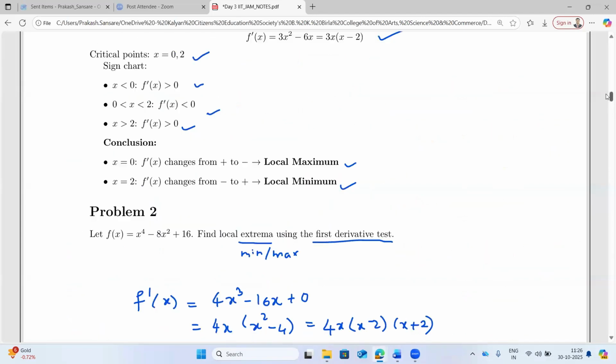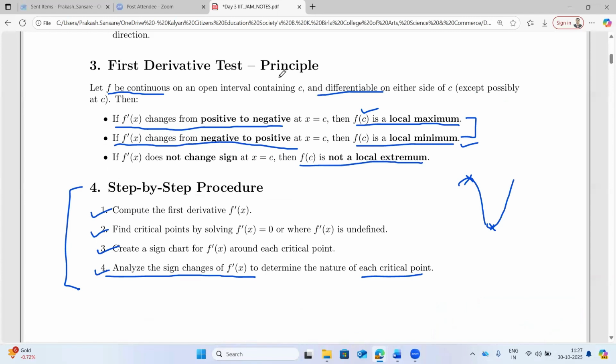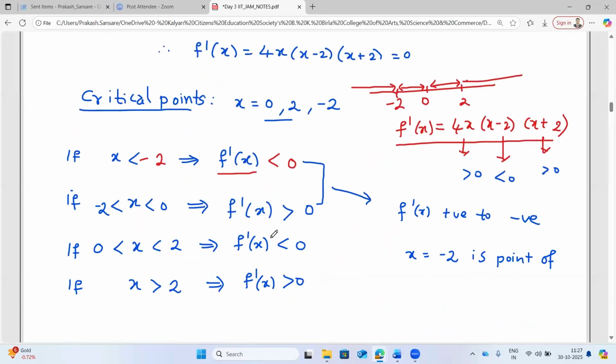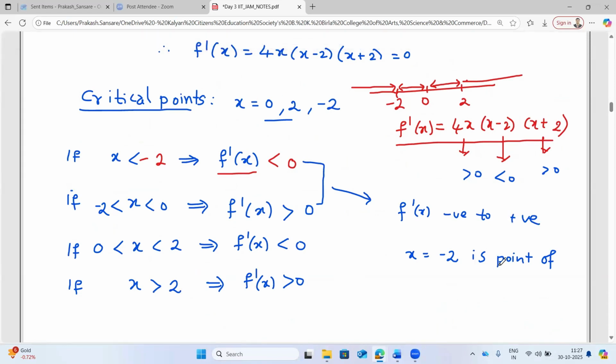We have written here, if you see, if f dash x changes from positive to negative, then it is a local maxima, and from negative to positive, it is a local minima. Now here, what is happening? Negative to positive. So it is a point of local minima.